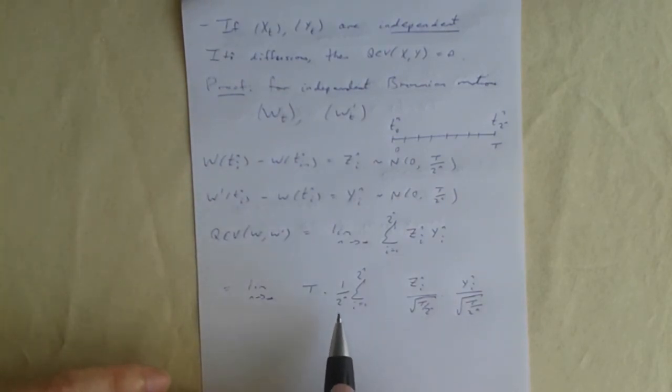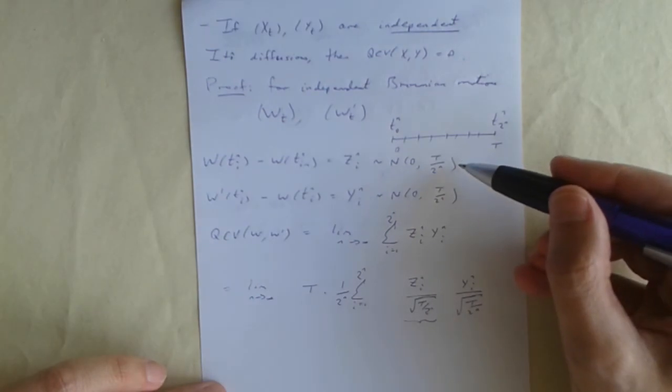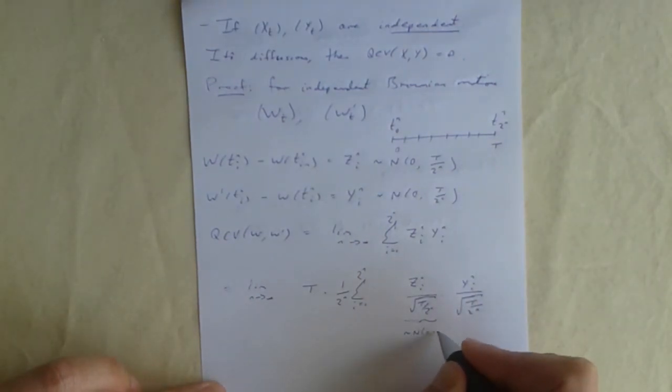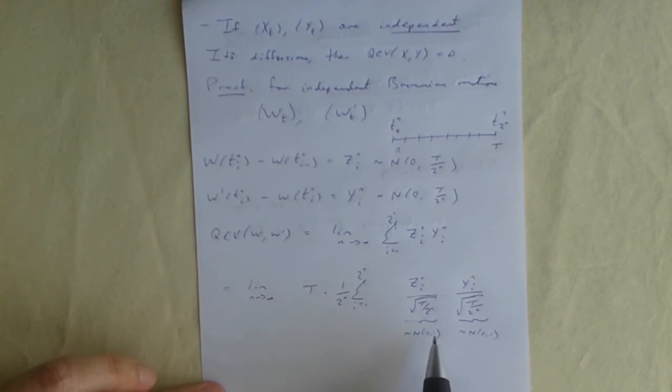Okay, now what have we got? We've got a sample mean for a sample of size 2 to the power n. And what are the things in it? Well, we've got this guy. This is a Z_i^n with this distribution, and we've divided by its standard deviation, so this is now a standard normal. And so is this. So what we've got here is two independent standard normals being multiplied together.